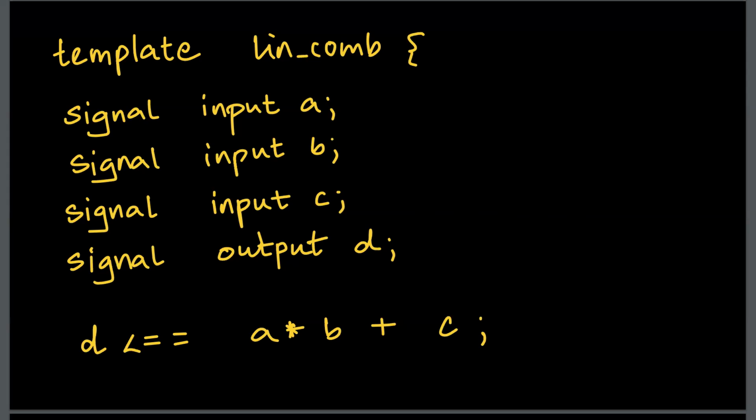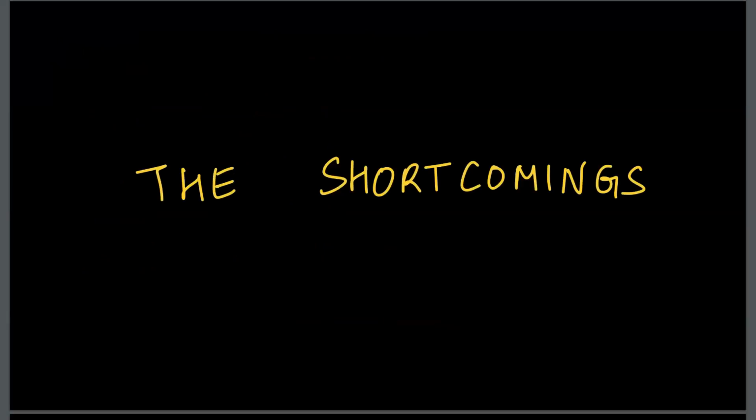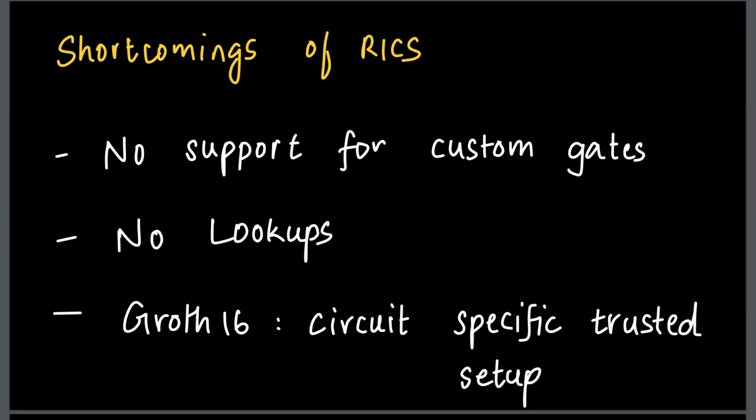This is a pretty simple program, and it's best done in the R1CS constraint system. But let's say you want to divide two polynomials, or calculate the hundredth power of some number. I don't think that would be feasible with R1CS. So clearly, there are shortcomings in R1CS, and they can be stated as: there's no support for custom gates.